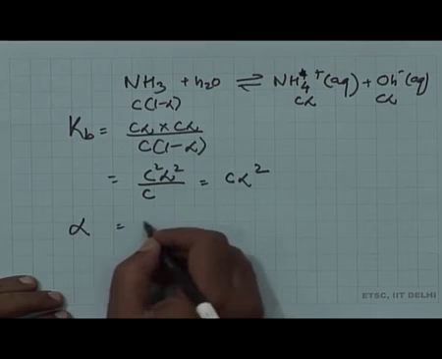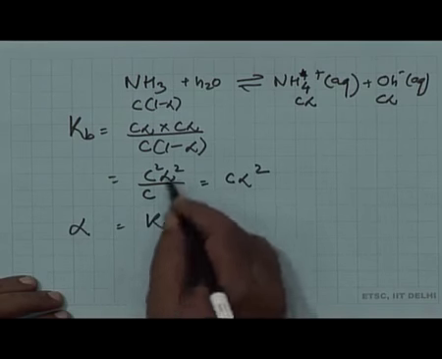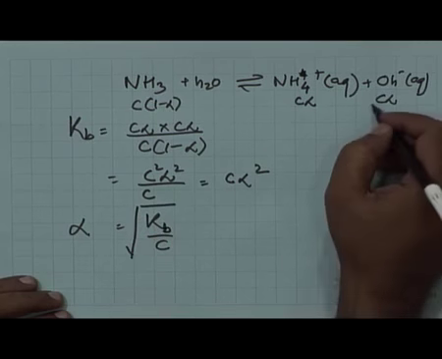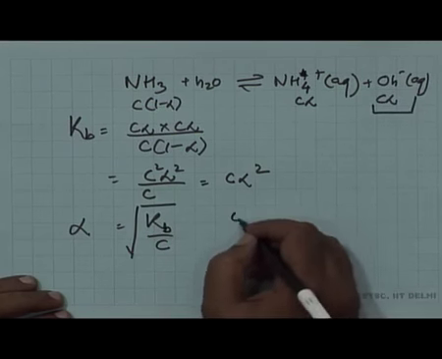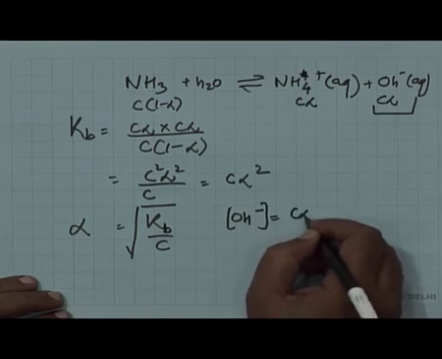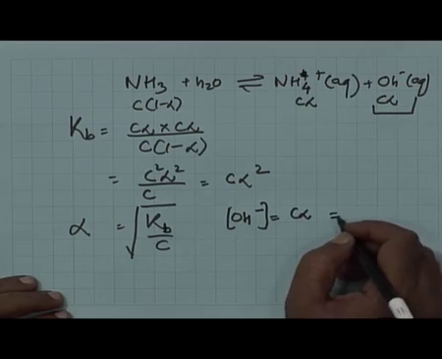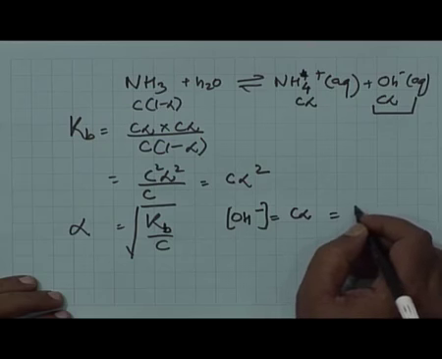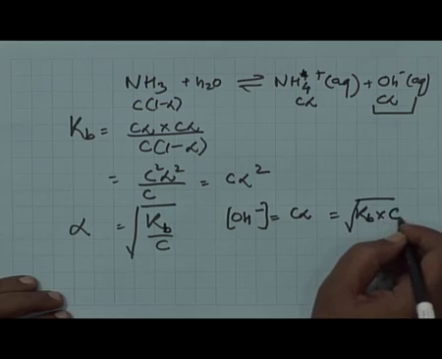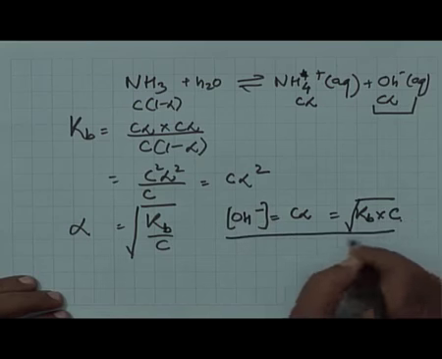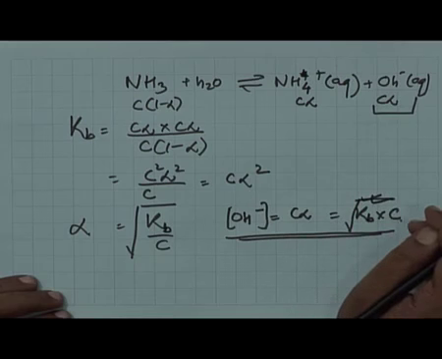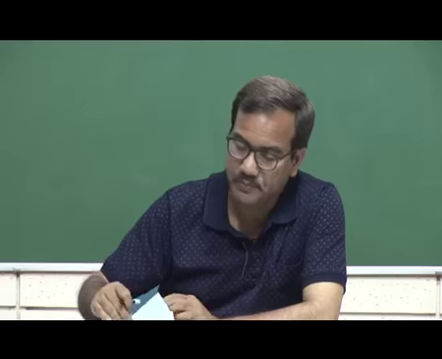So, alpha is equal to the square root of Kb by C, and now you see OH minus is equal to C alpha, and so you have the square root of Kb into C. So, you can calculate the OH minus concentration if you know the value of Kb.